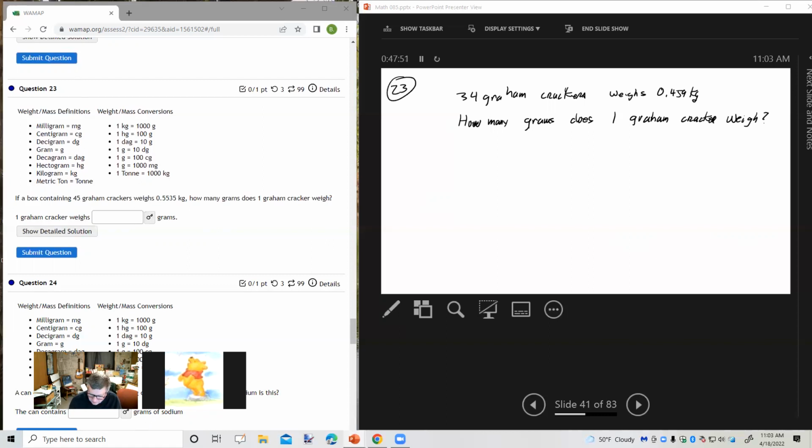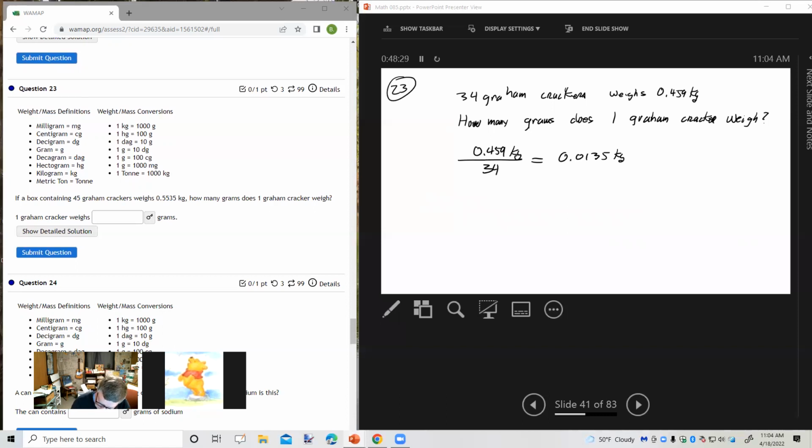I'm going to divide first. 0.459 divided by 34, using my calculator, I get 0.0135. And this is kilograms. So that's the weight of 1 graham cracker in kilograms.